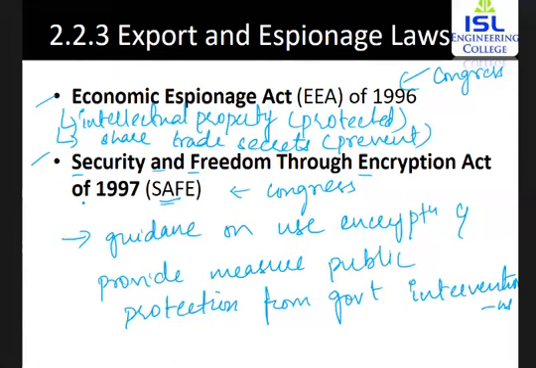The next act, SAFE, was also put in place by the Congress, and it tells you how to implement encryption of data. Why implement encryption? So that if people try to access or sell your data, they should not be able to use it, because they do not know how to decrypt it.